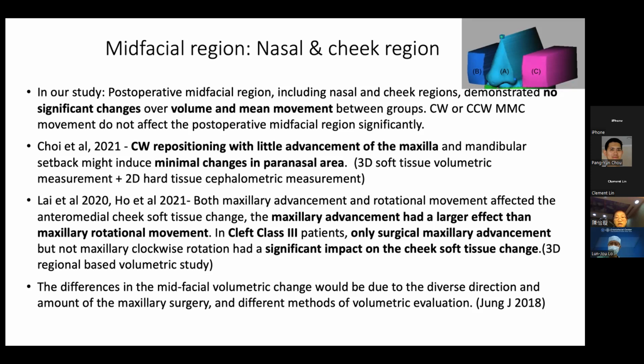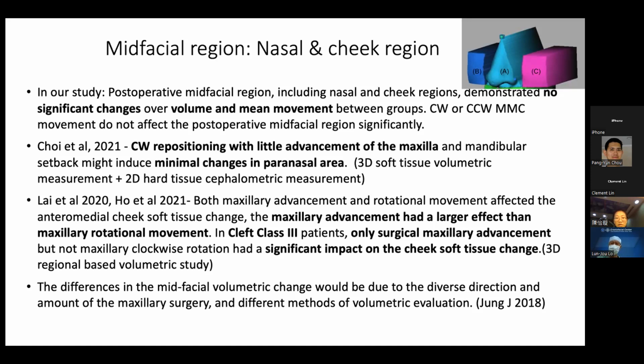And this study used 3D soft tissue volumetric measurement and 2D hard tissue cephalometric measurement. And Dr. Lowe's group reported that maxillary advancement had a larger effect than maxillary rotational movement in normal class 3 patients.